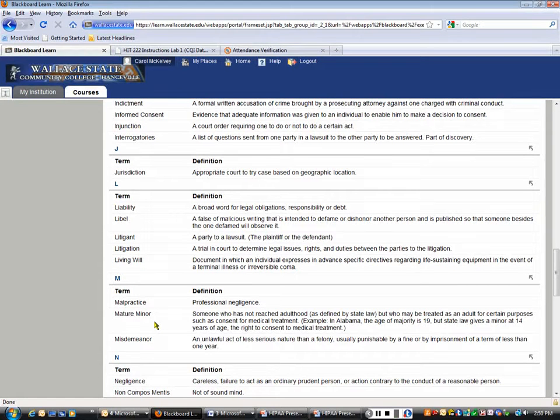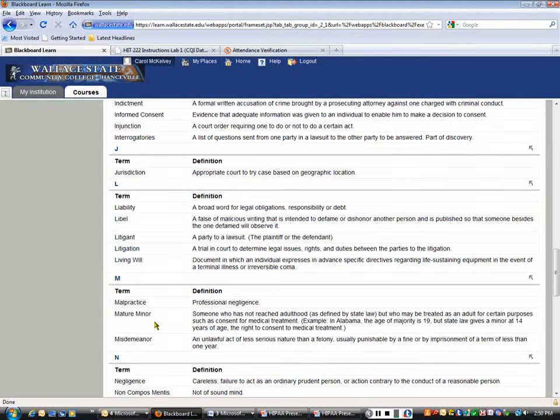And again, a perfect example is at 14 in the state of Alabama, a minor is considered mature to make medical treatment decisions.